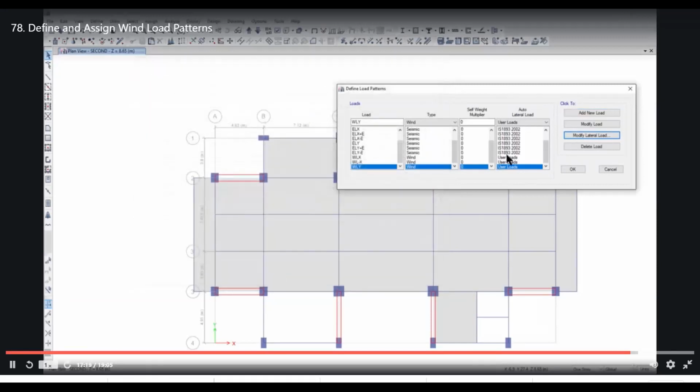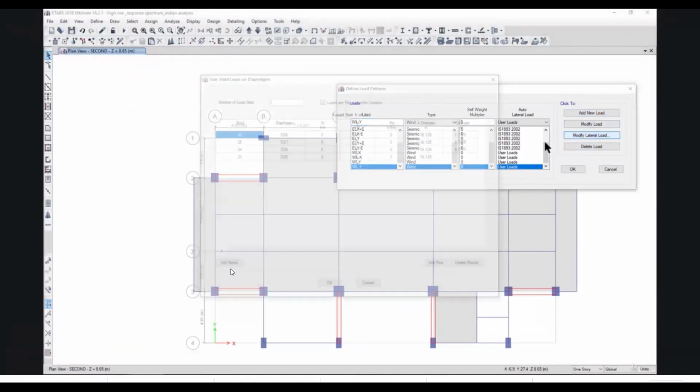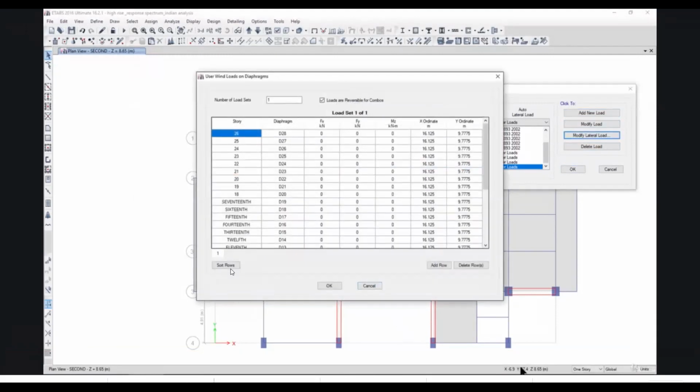Similarly, we will make a wind load pattern WL minus Y, and then left click on add new load, and then left click on modify lateral load.